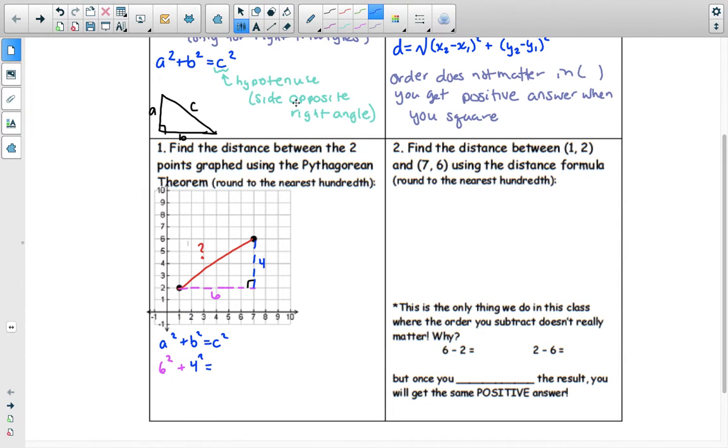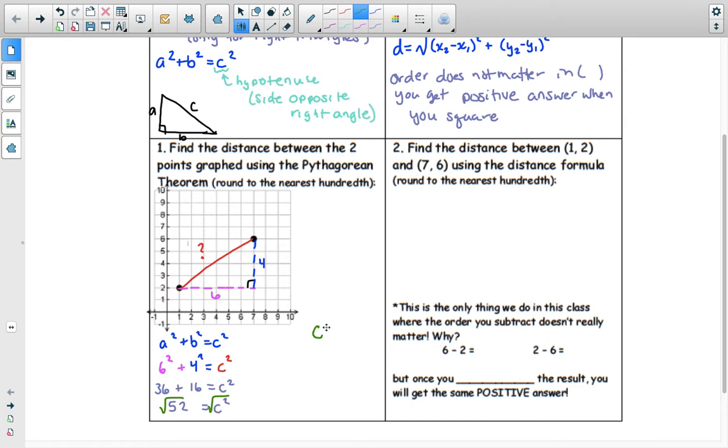And this will equal, we want to know what c is, but it will be squared. So we'll have 6 squared, which is 36, plus 4 squared, which is 16, is equal to c squared. 36 plus 16 is 52, is equal to c squared. Now we need to finish solving for c, so we're going to take the square root of both sides, because that's the inverse of squaring.